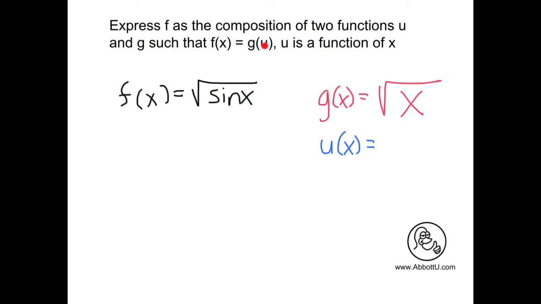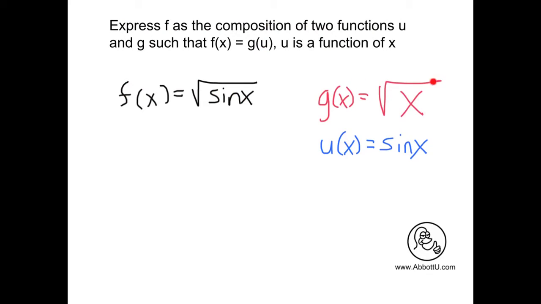The number that is being square rooted, in other words, the u that's inside the g of u, is this. It's the thing that's being square rooted. So in that case, it is sine x, like that.